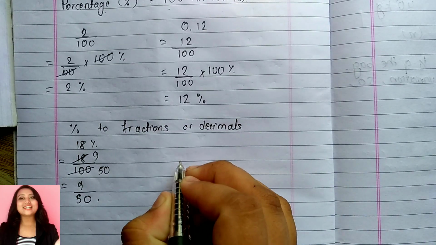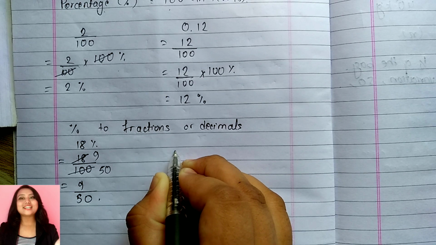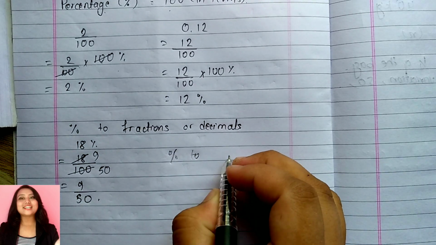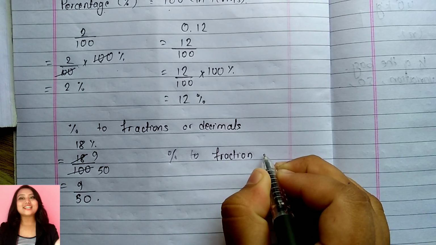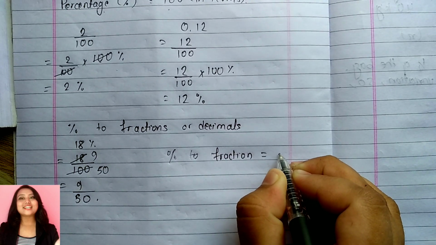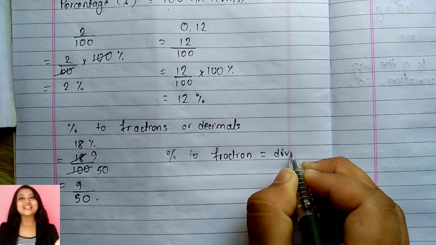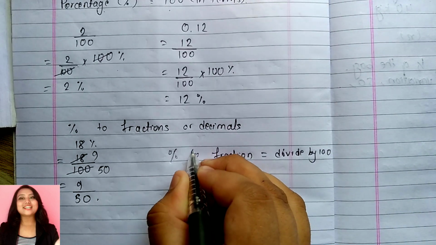From this we can conclude that whenever we have to change from percentage to fraction, we have to divide by 100.